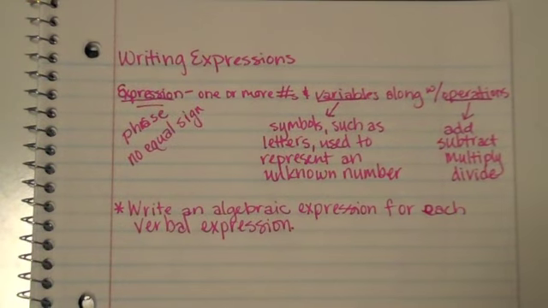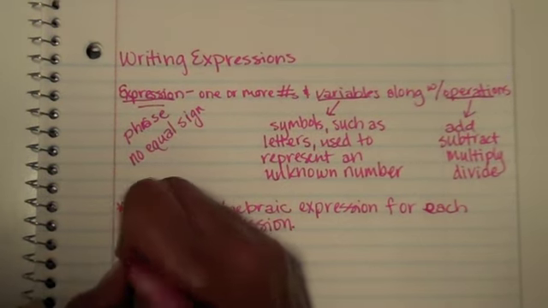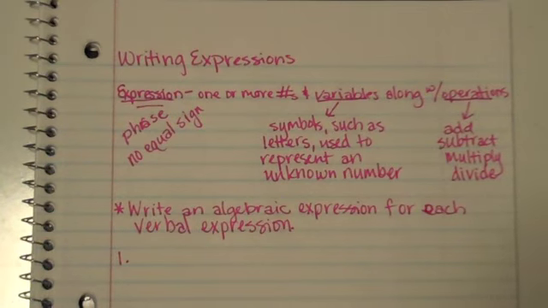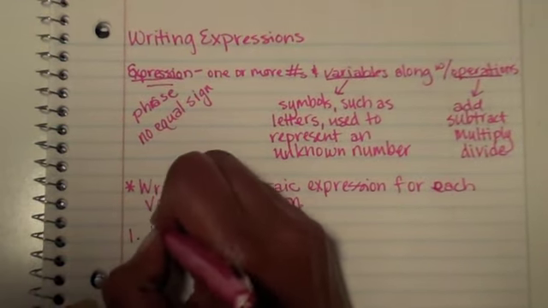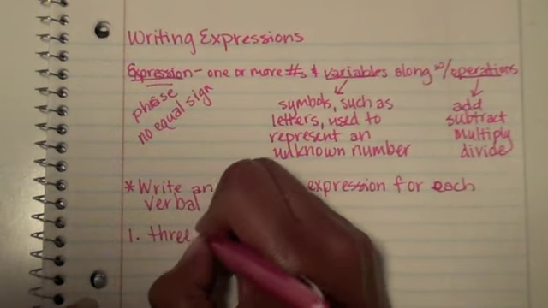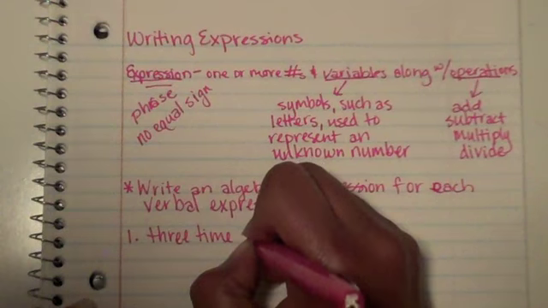So we're going to write an algebraic expression for each verbal expression. So your first example, number 1, the verbal expression is 3 times a number. And this should be a pretty easy one.